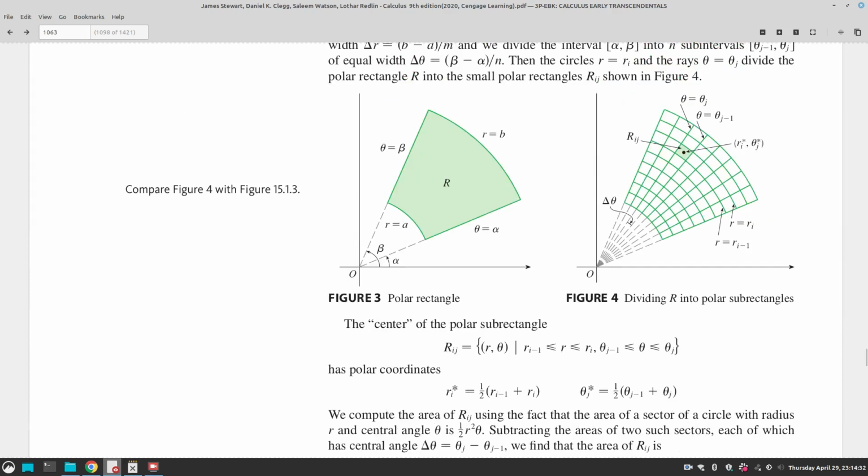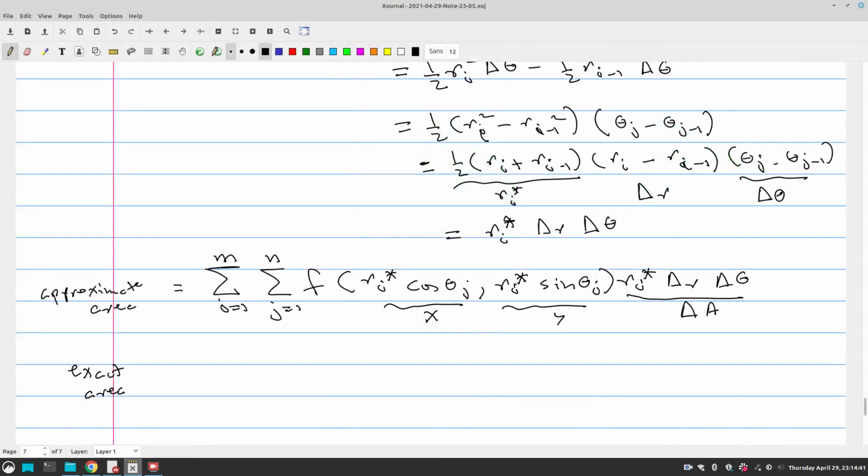I'm sorry, not the exact area, the exact volume. We're not calculating area, we're calculating volume, approximate volume. Volume of what?